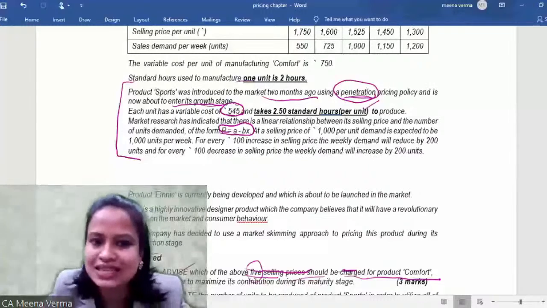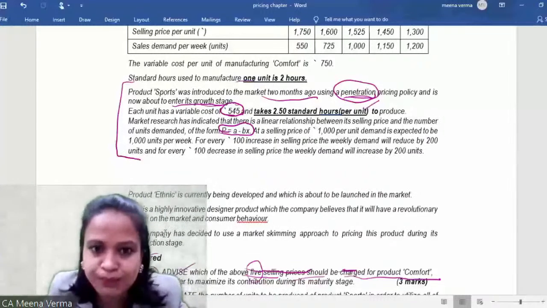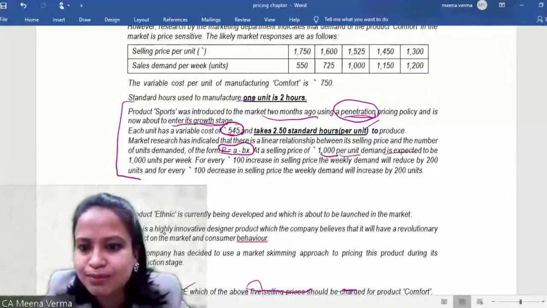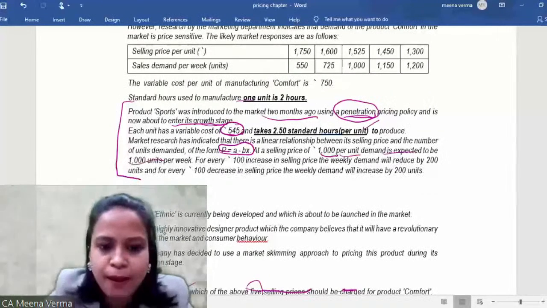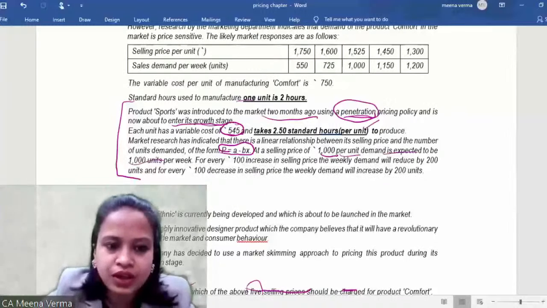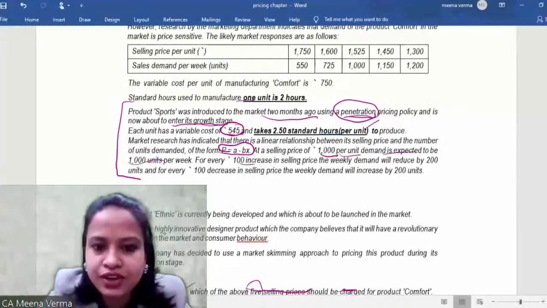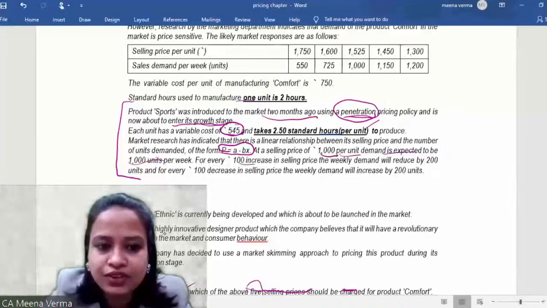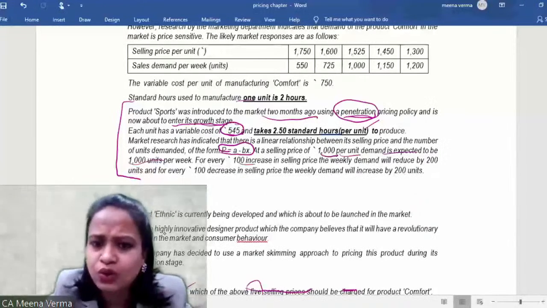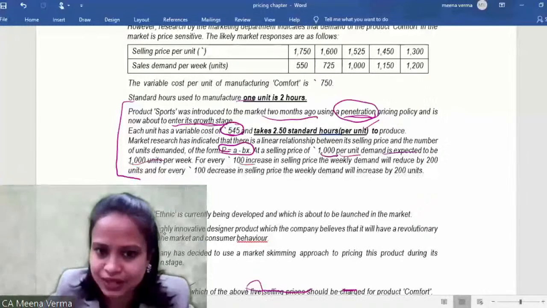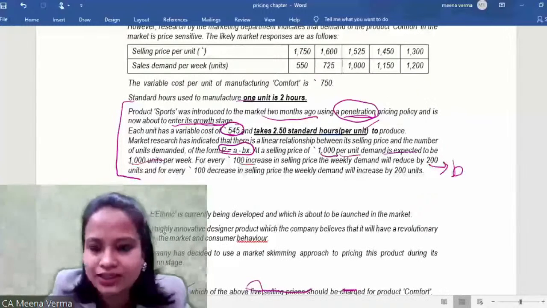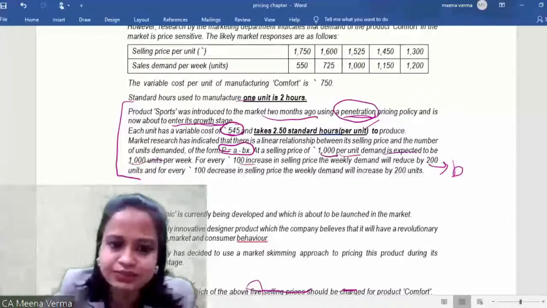They are saying that selling price is rupees 1000 per unit when the demand is 1000 per week. For every 100 increase in selling price, demand will reduce by 200 units. So this is how you can find the relationship between change in quantity and change in selling price, meaning you can find the value of B at this place.